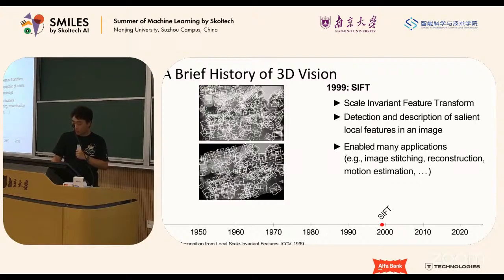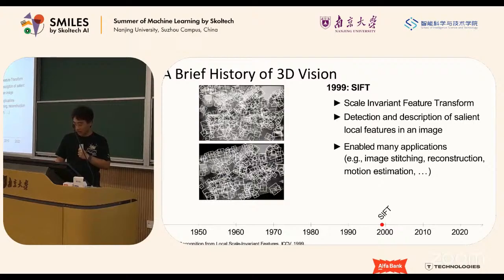Another popular idea is SIFT. SIFT can detect and describe distinctive local image features that are robust to changes in scale and rotation. Reliable local correspondence enables image stitching, object recognition, motion estimation, and 3D reconstruction.